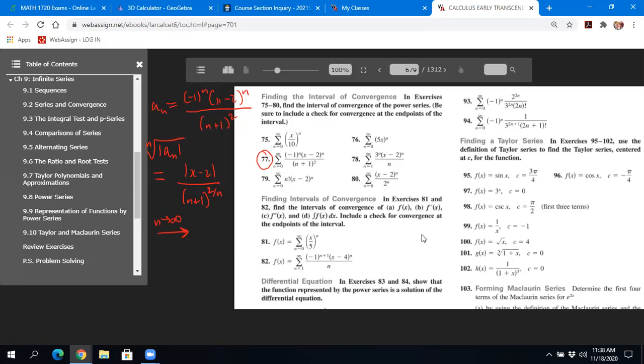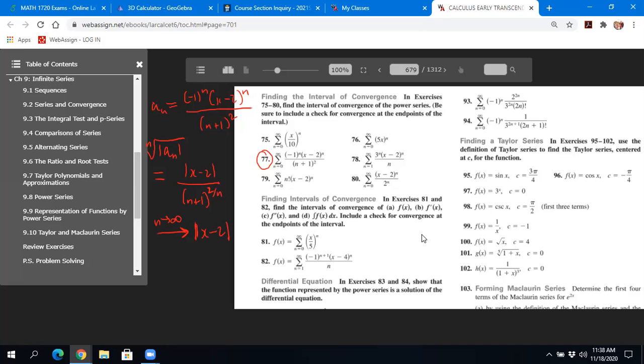What does (n+1)^(2/n) go to? What do you think that's going to go to? 1? Okay. So if that goes to 1, the top just stays where it is. It's just the absolute value of x-2, yeah? And what do I need to be true about that to have convergence?